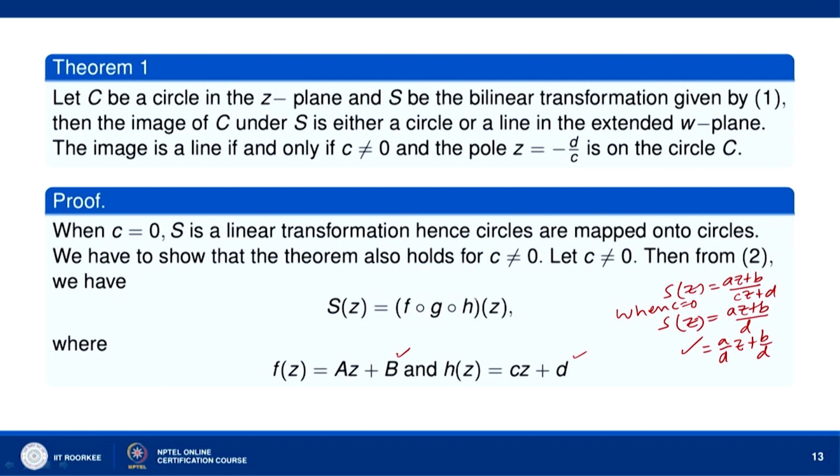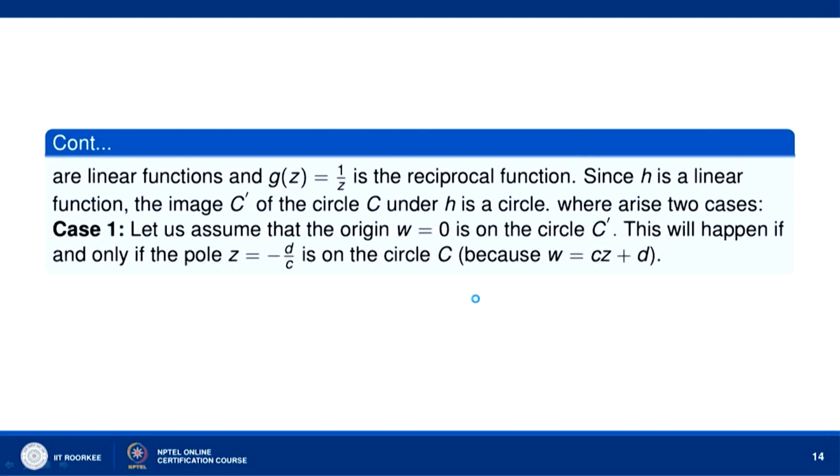So, first we see the effect of H mapping on the complex number z. Since H is a linear function, the image C dash of the circle C under H is a circle. Now, there arise two cases. Case 1, let us assume that the origin w equal to 0 is on the circle C dash.